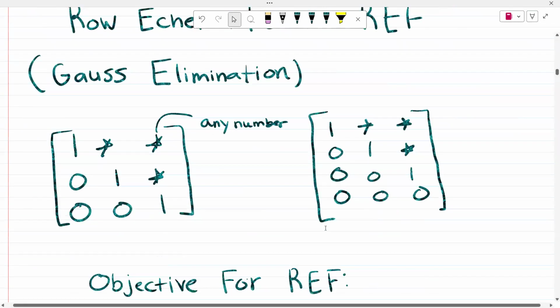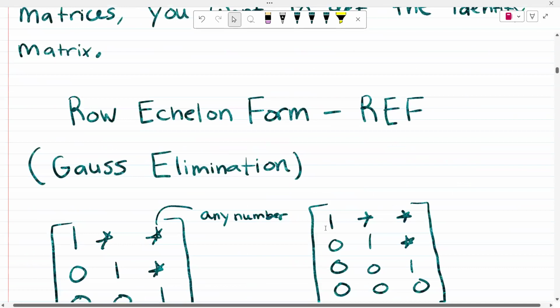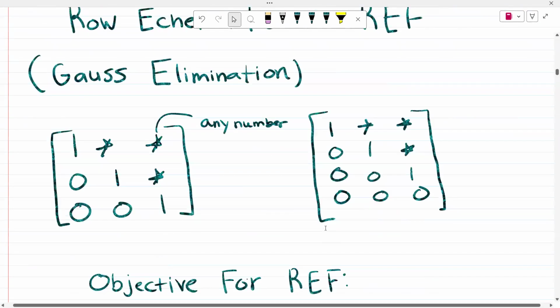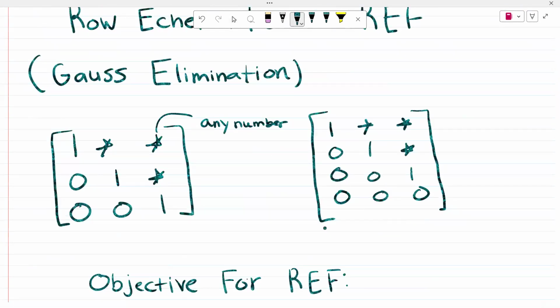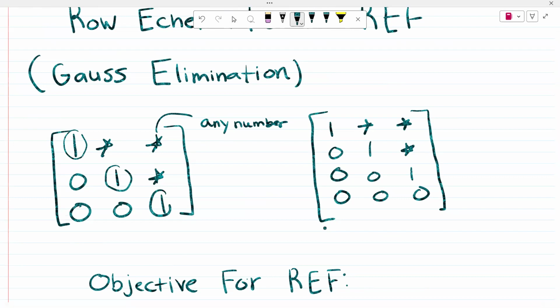In Gauss elimination, or row echelon form, or REF, what you want to do is make these diagonals into ones, and then under each column there have to be all zeros. So under the column, not necessarily above.